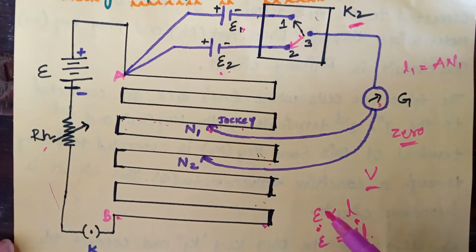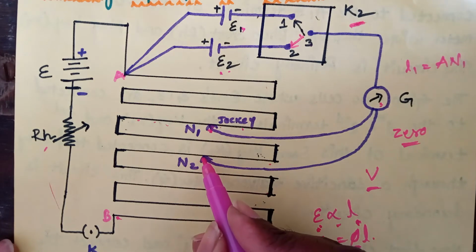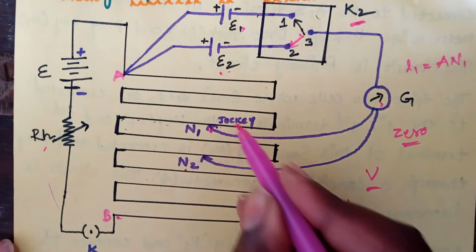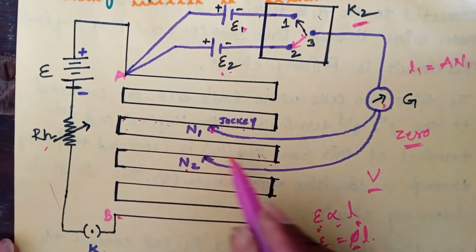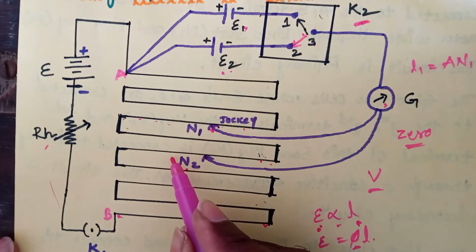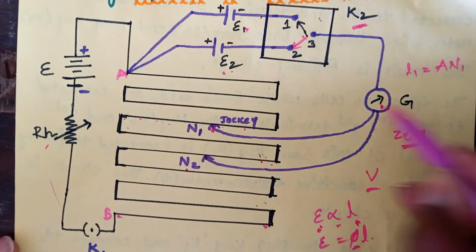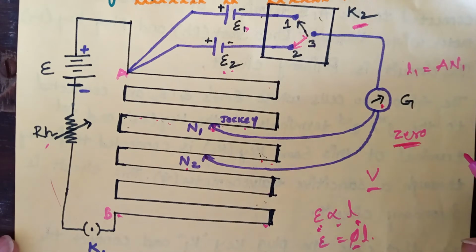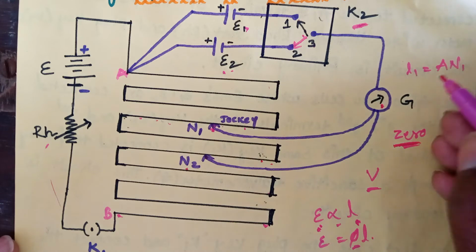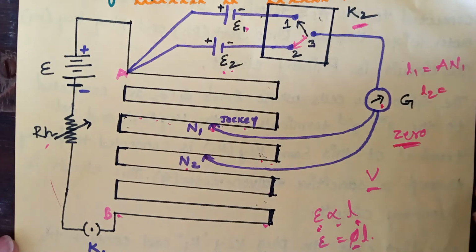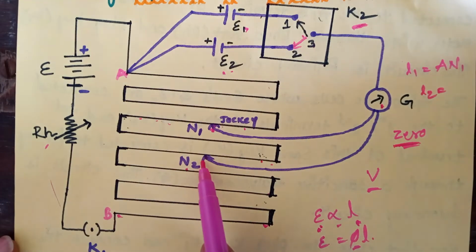Now we have to determine the position of the second balancing point N2 by touching the jockey on the potentiometer wire at various places until the galvanometer shows zero or null deflection. Let L2 be the length of the second balancing point, AN2.